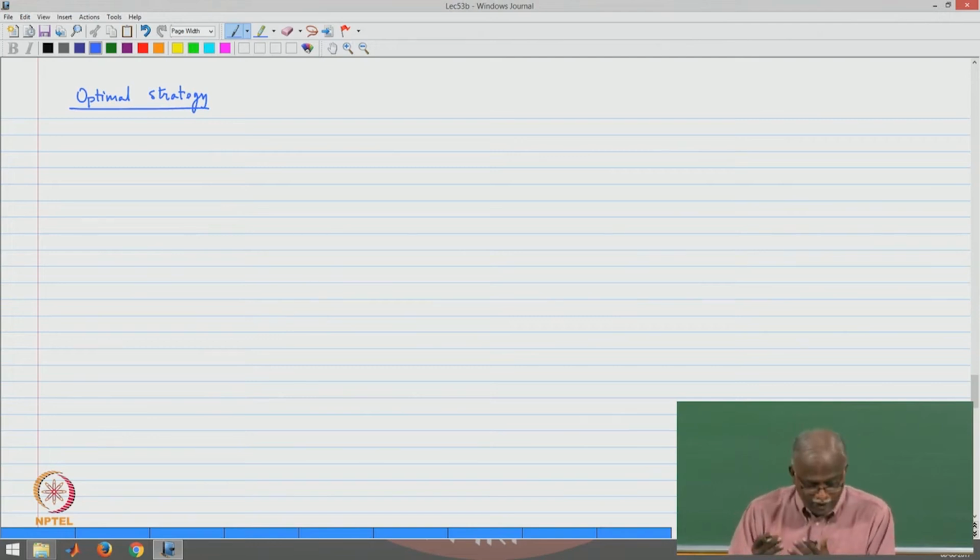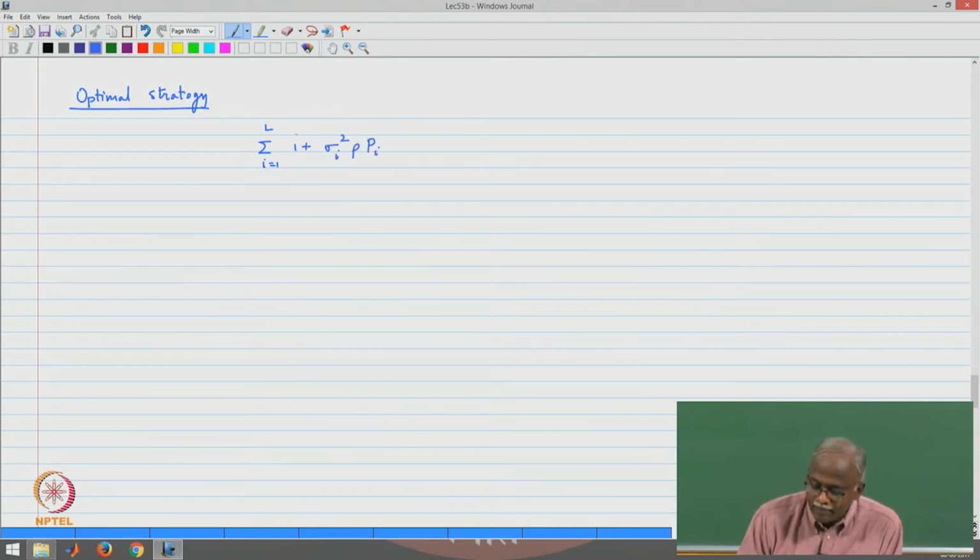The objective function that we are trying to maximize is the total capacity. So, we are trying to maximize the sum over I equal to 1 through L of 1 plus sigma I squared rho times Pi. That is the capacity of each of those parallel channels. So, we are trying to maximize the sum capacity.